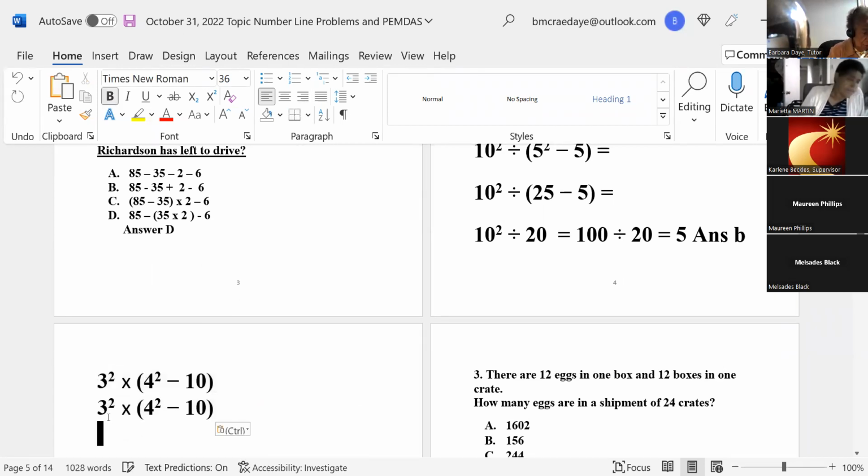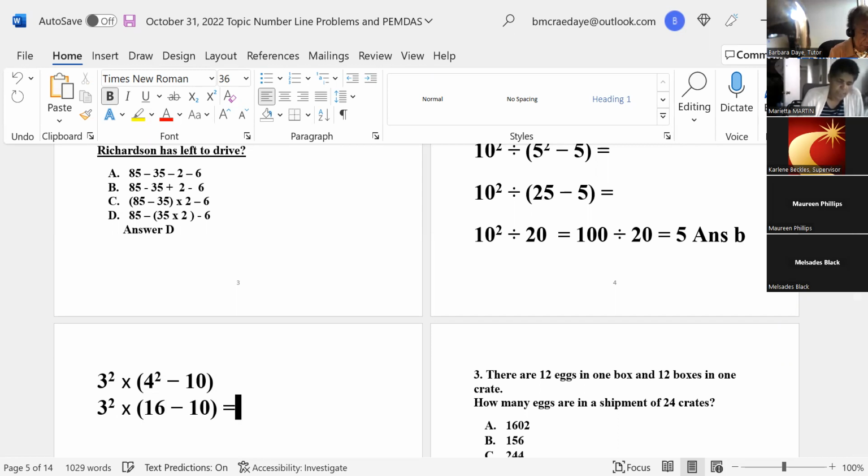So what did you get when you do the parentheses, Maureen? 4 to the second is what? 4 to the second is to multiply 4 twice. So that gives you what? 16. Okay, so you got 16, and 16 minus 10 is what?